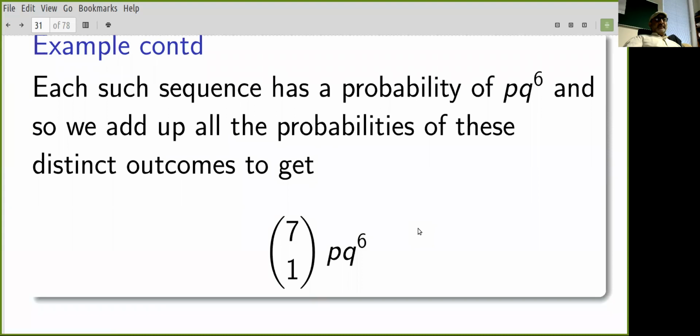There are 7 of those, so it's 7 choose 1 p q to the 6.